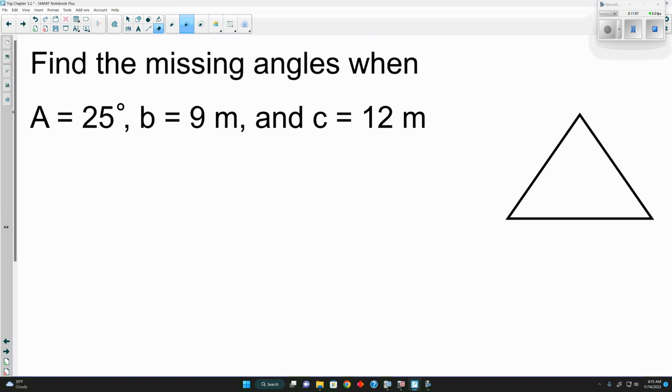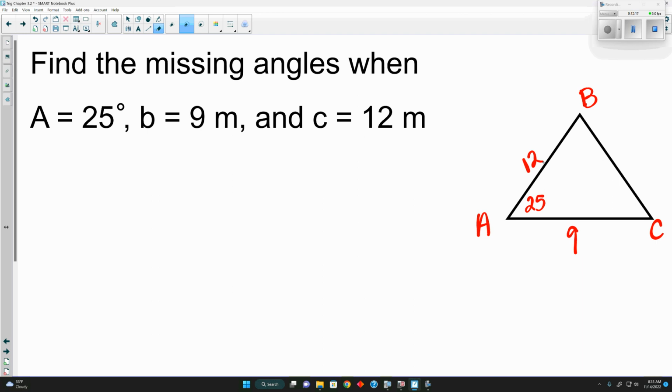Now the other one that we can have is find the missing angles and sides, and we're given this setup here. So we can say A, B, C. A is 25 degrees. Side length B is 9 meters. Side length C is 12.